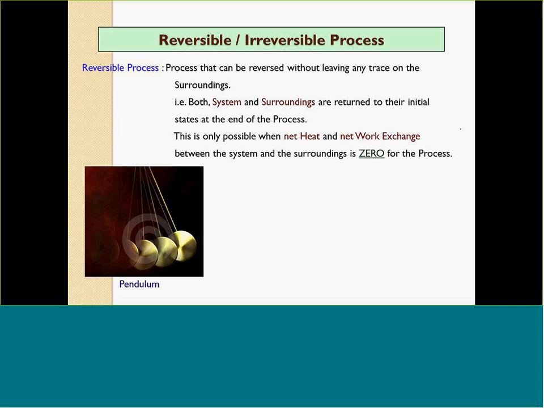A process can be reversed without leaving any trace on the surroundings. It's a very ideal situation. This is only possible when the net heat and the change is equivalent to 0, which relates to the second law of thermodynamics, so we will return to the initial state.